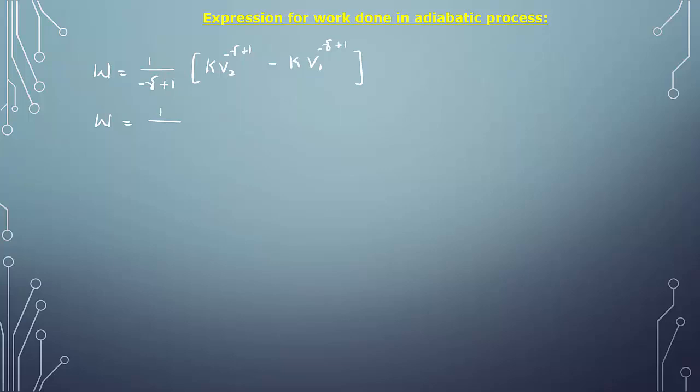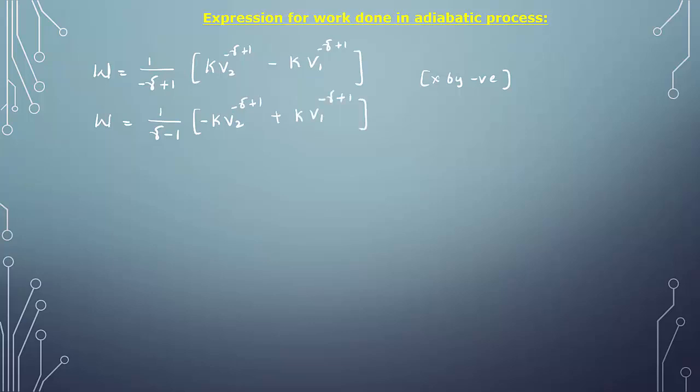So minus gamma plus 1 becomes gamma minus 1, and in the bracket plus becomes minus and minus becomes plus.